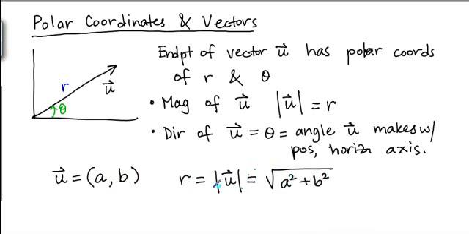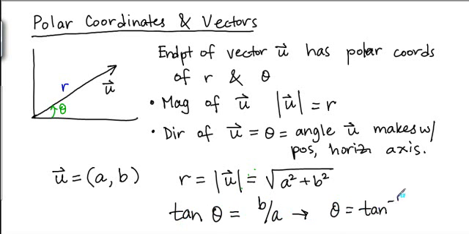If you remember, r was the square root of x squared plus y squared, so the same thing. And tangent of the angle theta is b over a, which means that theta is tangent inverse of b over a. We always want to choose theta so that cosine theta has the same sign as a and sine theta has the same sign as b.